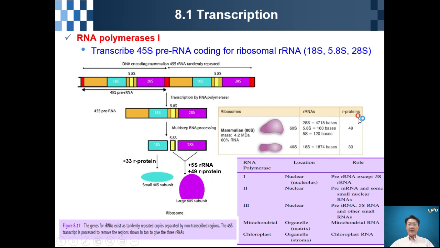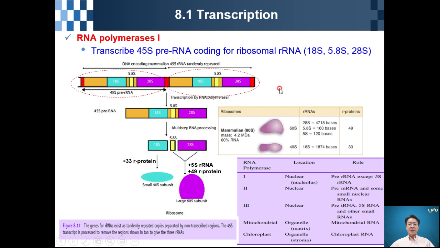In this slide, I will explain RNA polymerase 1. The main function of RNA polymerase 1 is to transcribe the 45S pre-rRNA, coding for ribosomal RNAs, especially the 18S, 5.8S and 28S rRNAs. The 45S pre-rRNA is tandemly repeated in the DNA.